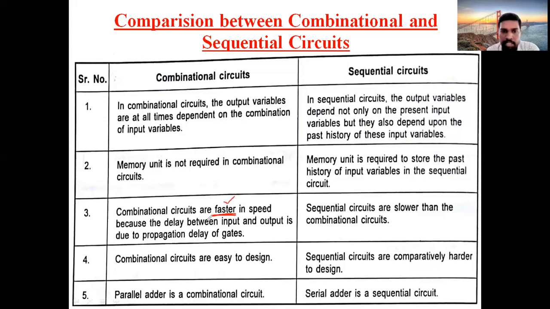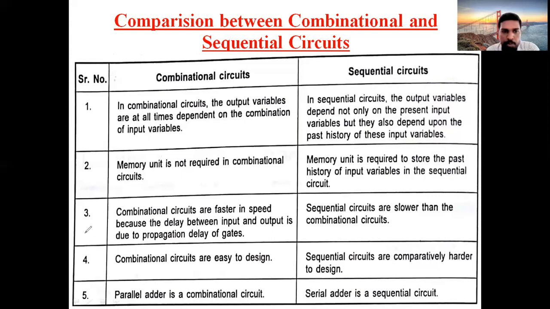Why? Because whatever delay we see in combinational circuits is only due to the gates, and the gate delay is very, very small. So overall, combinational circuits are very fast in speed, whereas sequential circuits are very slow when compared to combinational circuits.